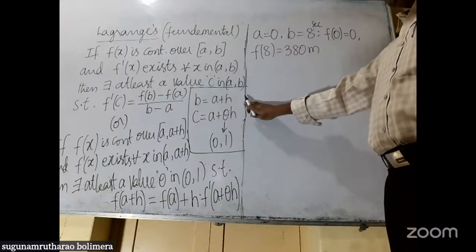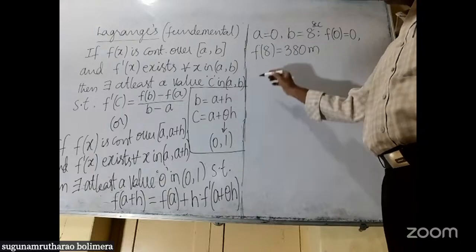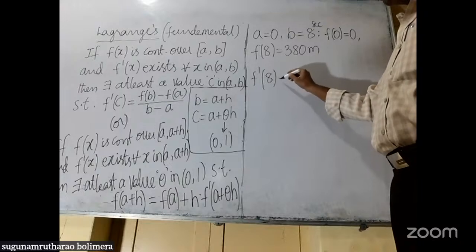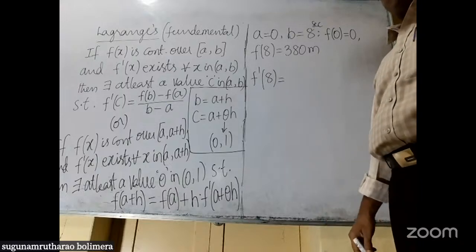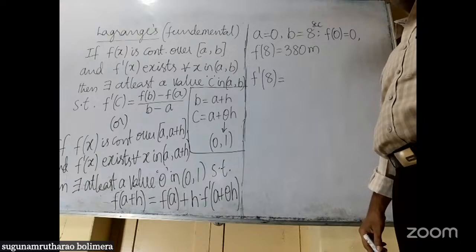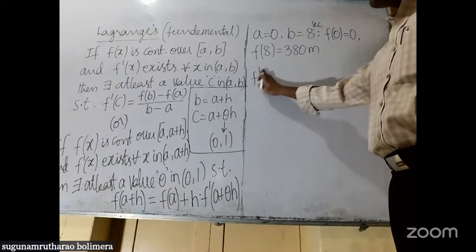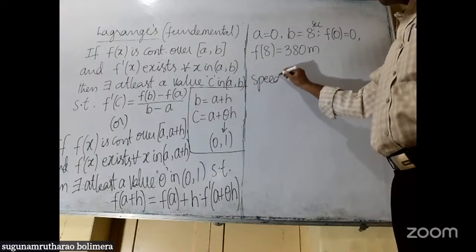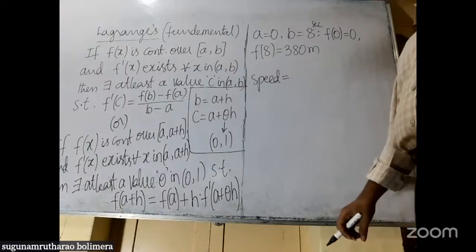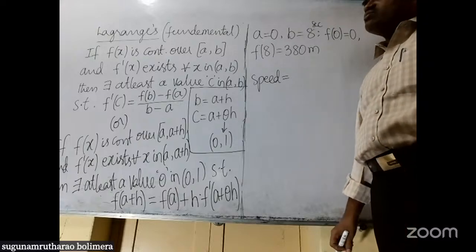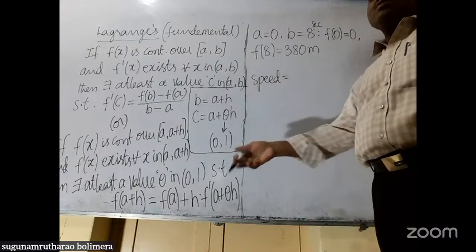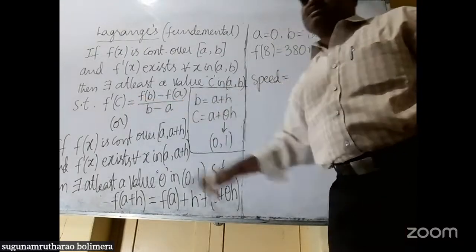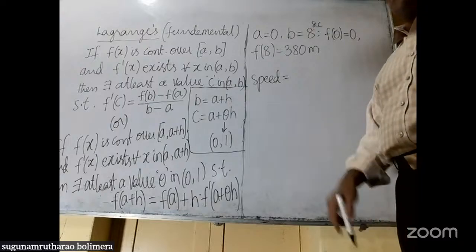Now, by mean value theorem, f dash at 8 seconds, what is its reading? Speed equals the derivative of distance with respect to time.